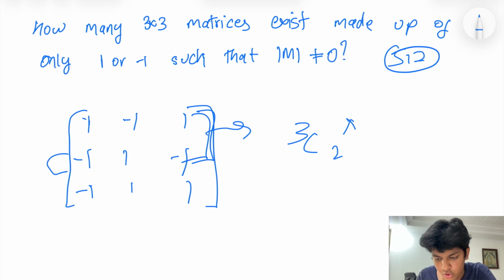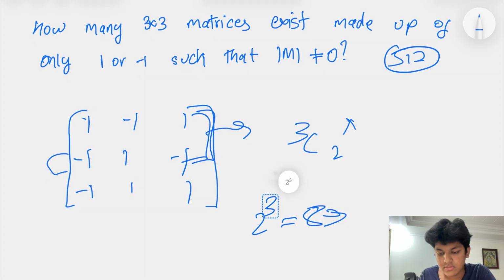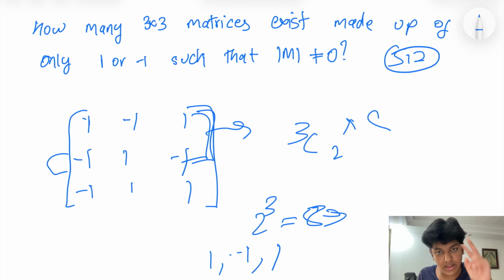Okay, so the number of ways a row can be formed is 2 cube, right? That is 8 ways a row can be formed. So let's say the first row was 1 minus 1 1, then the second row also has to be 1 minus 1 1. So 3C2 into 8, there are 8 ways to form a row, and for the second row there is only one way to form the second row.